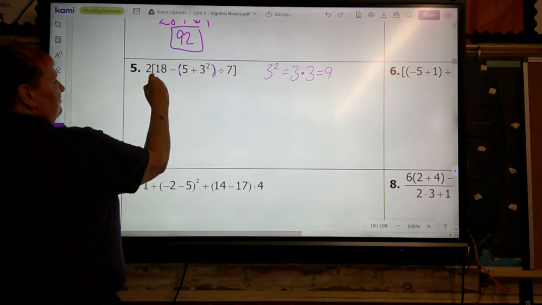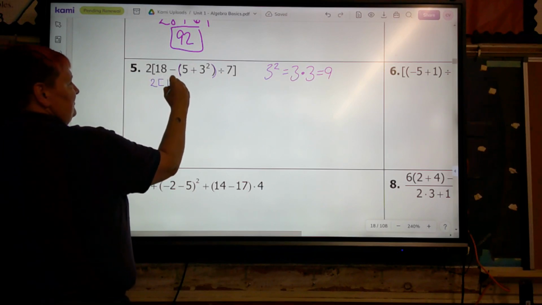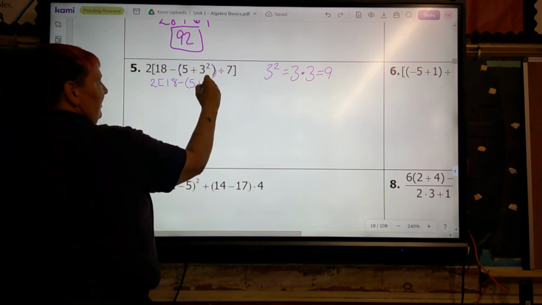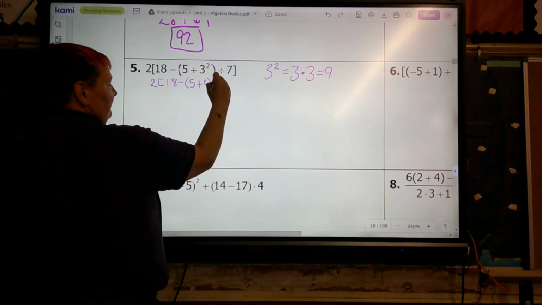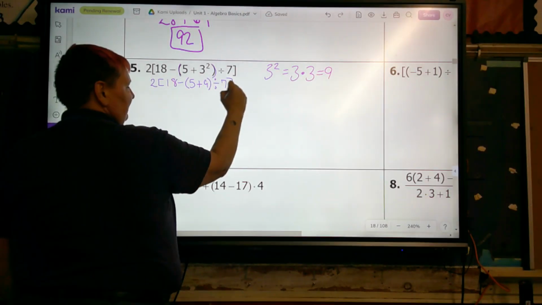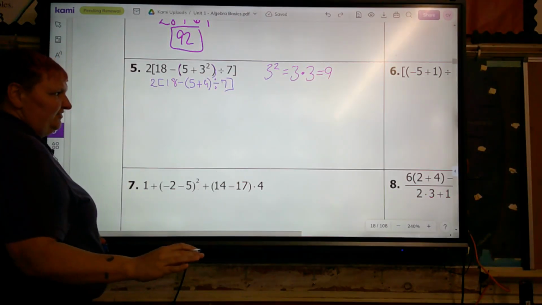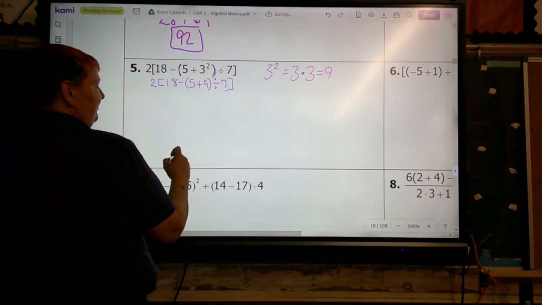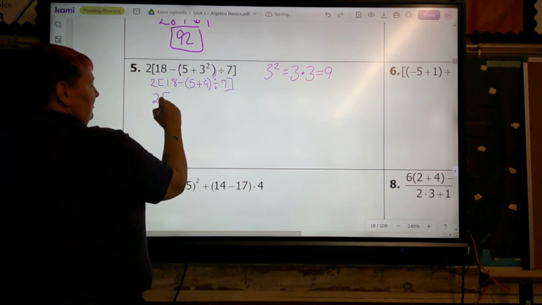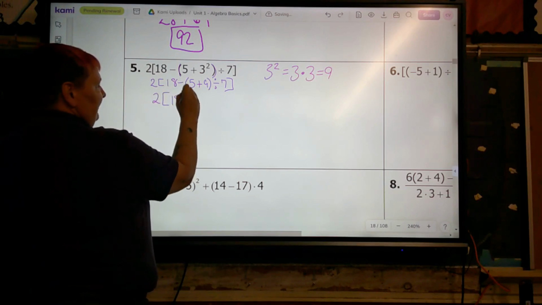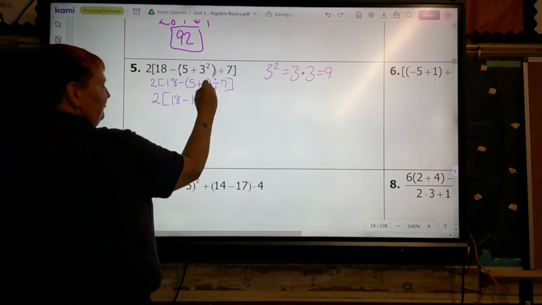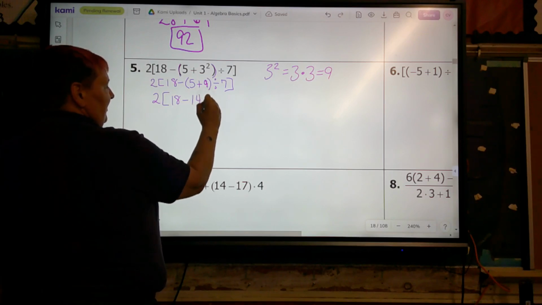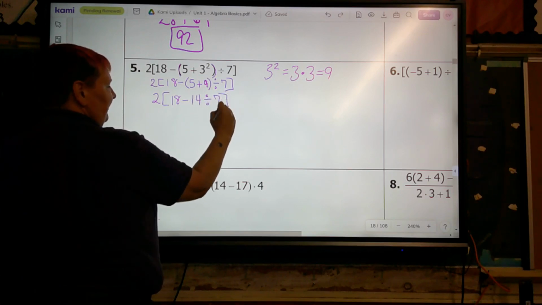So, let's write it all. 2, bracket, 18, minus, parentheses, 5, plus 9, divided by 7, bracket. You don't want to leave anything off. Now we can add what's inside the parentheses because we got rid of the exponent. So we have 2, bracket, 18, minus 5 plus 9 is 14, divided by 7, bracket.